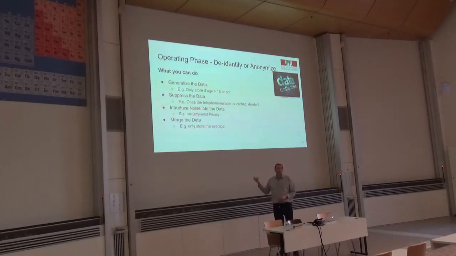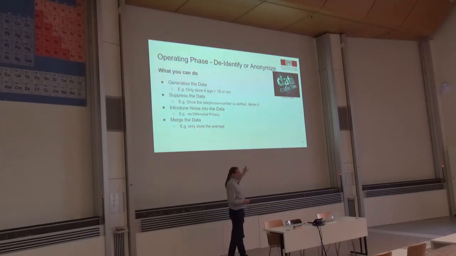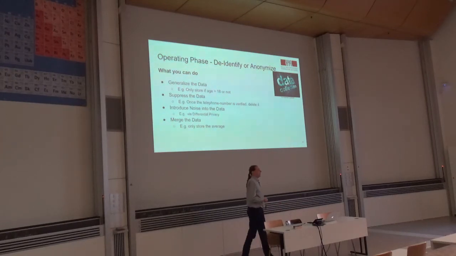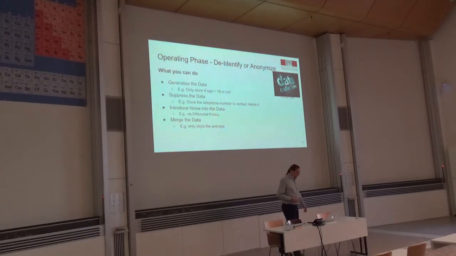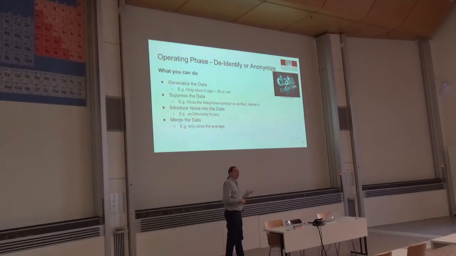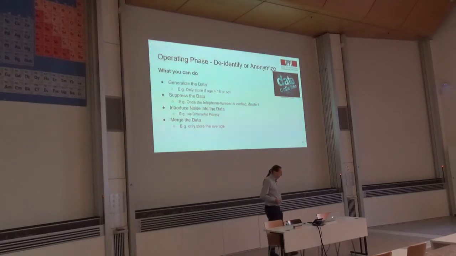So if your database doesn't need to have the full granularity of data, the full names or the exact age, maybe the data set only needs to know whether you're over 18 or not, or in a particular age threshold, in order to know if you have the right to something, you have the consent, you're a minor or not. Then you can reduce the granularity and specificity of the data.